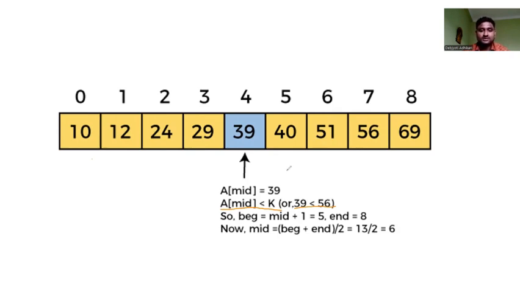So for this purpose, set beg to mid plus 1 and the end value will be as it is. Now the mid is beginning plus end by 2. It means 5 plus 8 means 13 by 2 means 6. We are just getting the integer value.